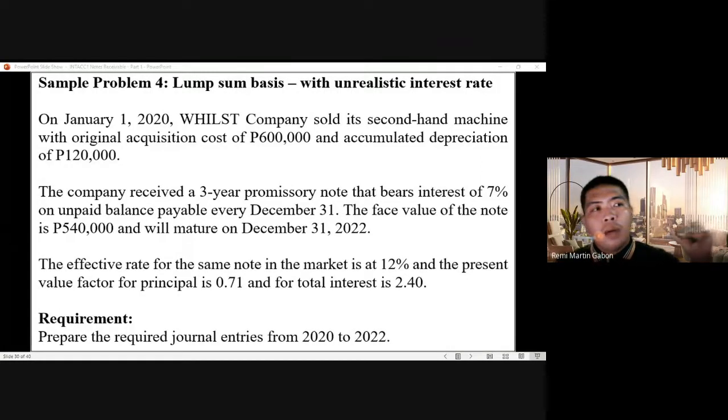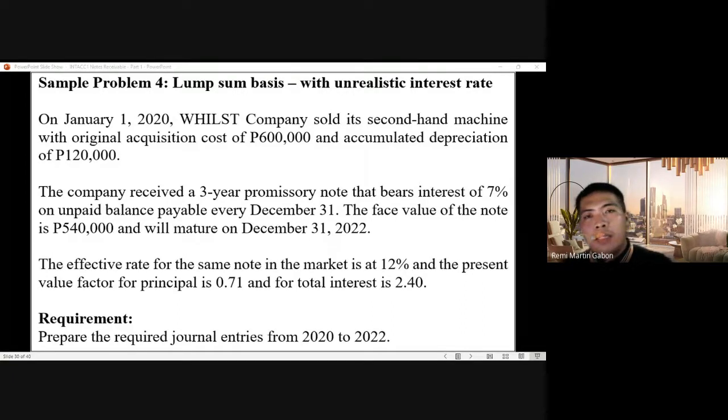So, the parties involved should agree with a specific rate. Now, nagiging basis usually is yung market interest rate, which is yung effective rate. However, if they agree to a different interest rate, dyan papasok si unrealistic interest rate.